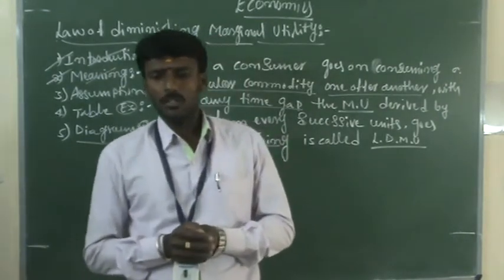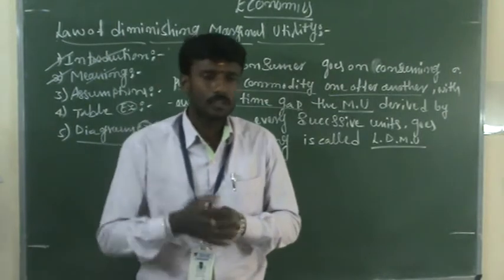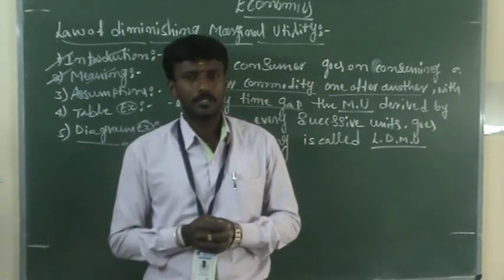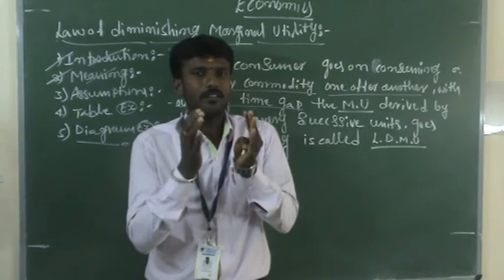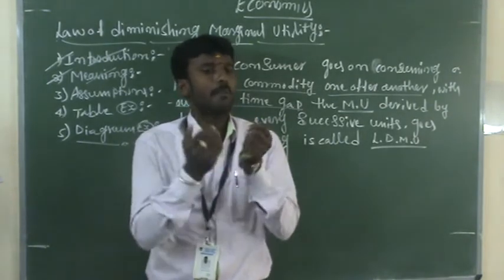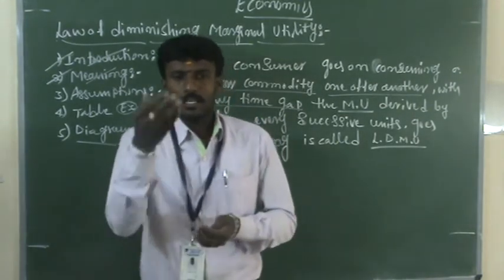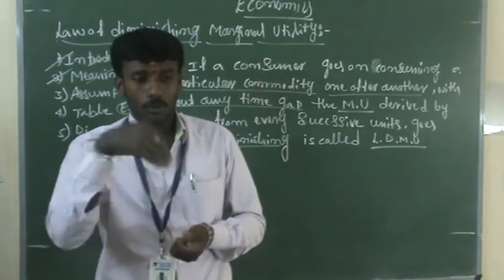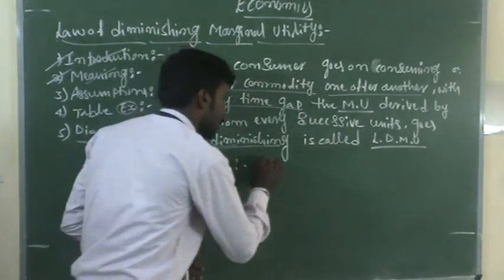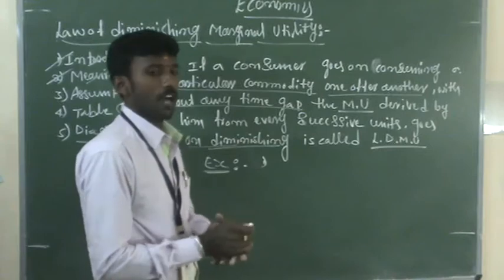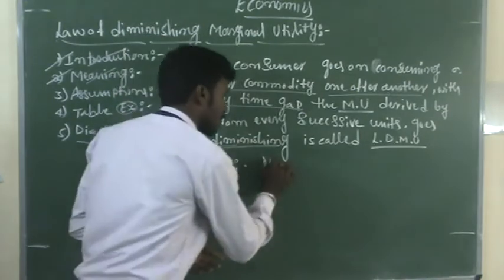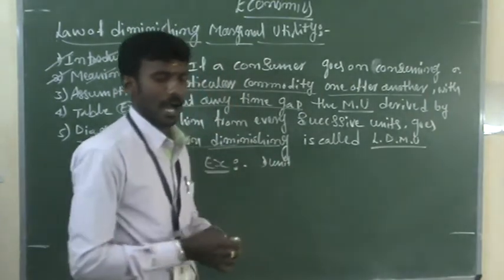See, let us consider here, as I already told, a consumer or a person has some bundle, some group of oranges or mangoes, whatever. The consumer consumes the first unit of a mango or the orange.